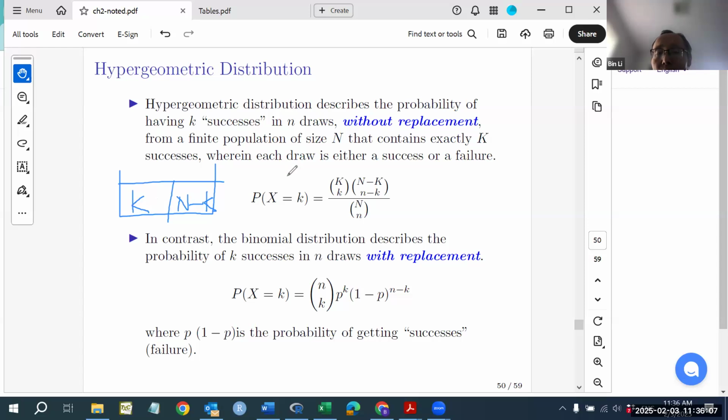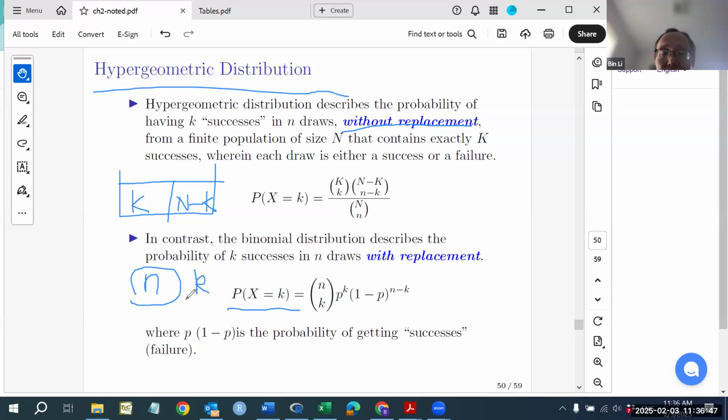Then we take out some of them. How many balls do we draw from here? We draw n balls without replacement. That means if we draw one ball out, we don't put it back to draw the next. We just take them out without putting back. So without replacement, we draw n balls. And here the hypergeometric distribution gives us the probability of having little k red balls or little k successes out of this n.